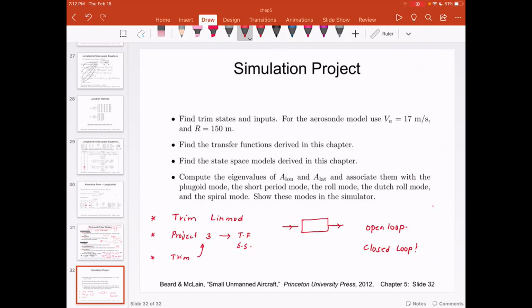And this is something very important, this exercise, because when we go to the next chapter, which is autopilot design using successive loop closure that we just talked about in today's lesson, we'll use these models to come up with different expressions.